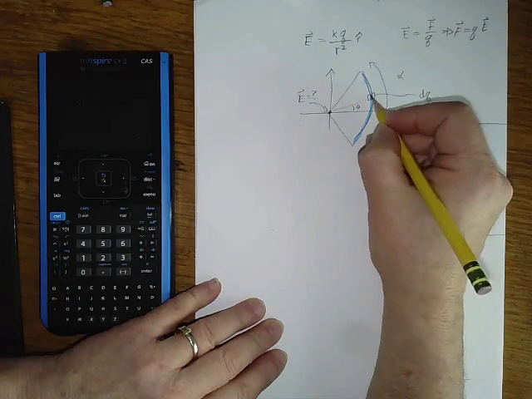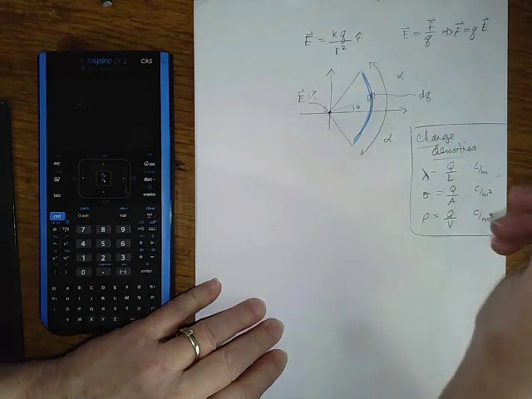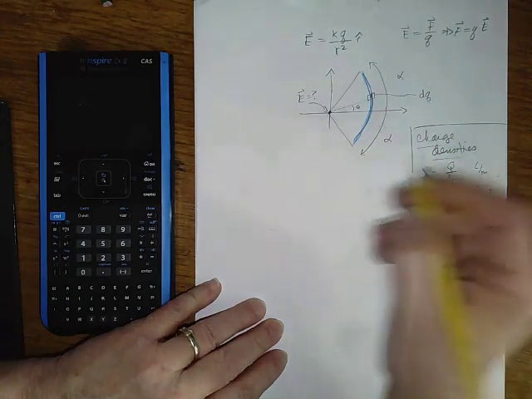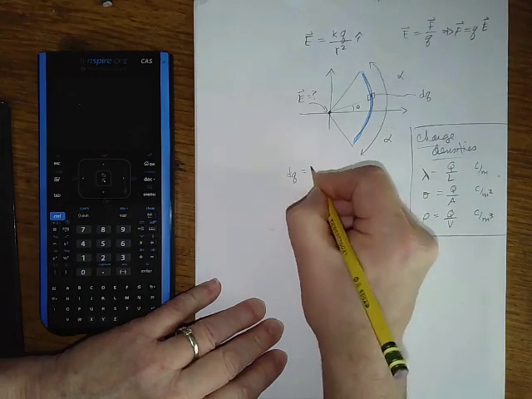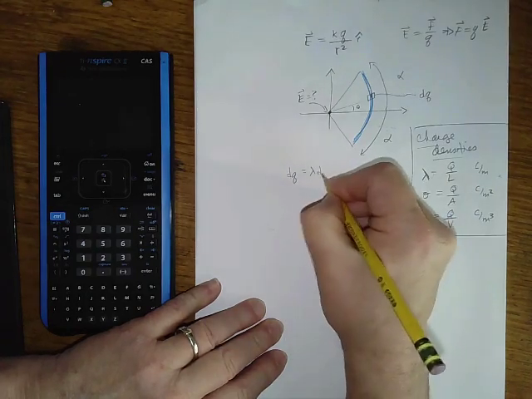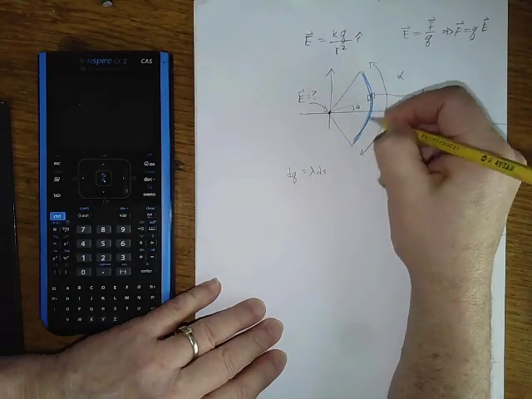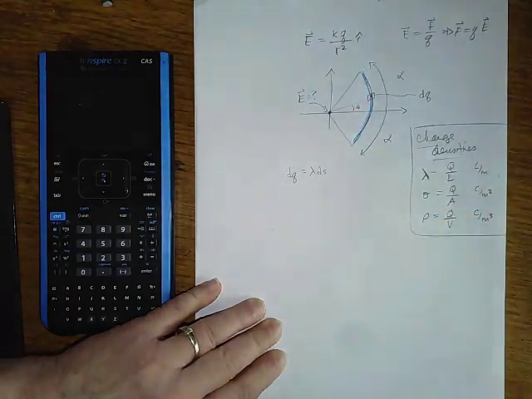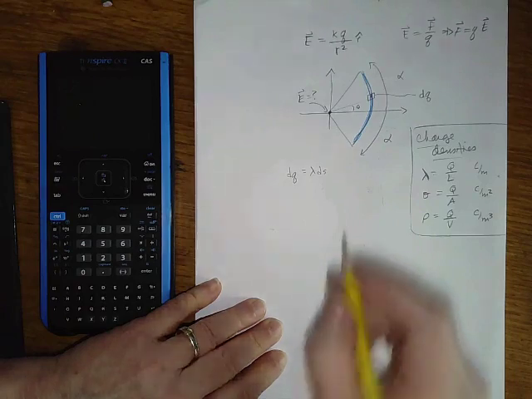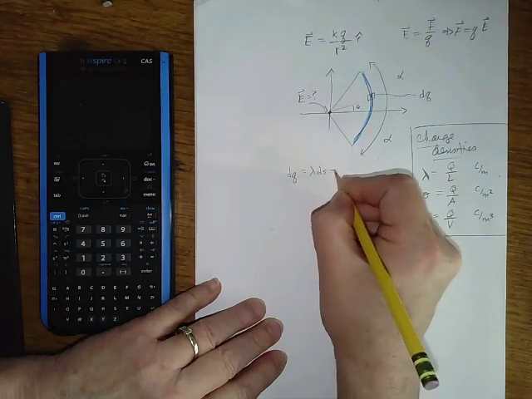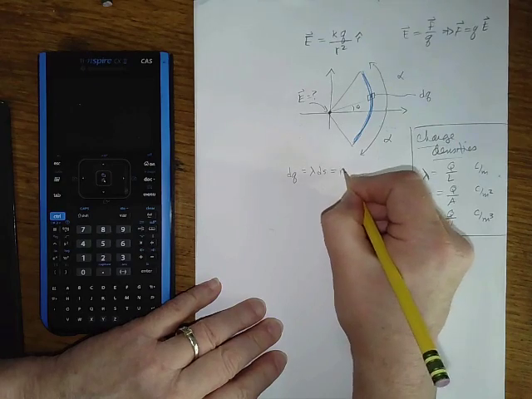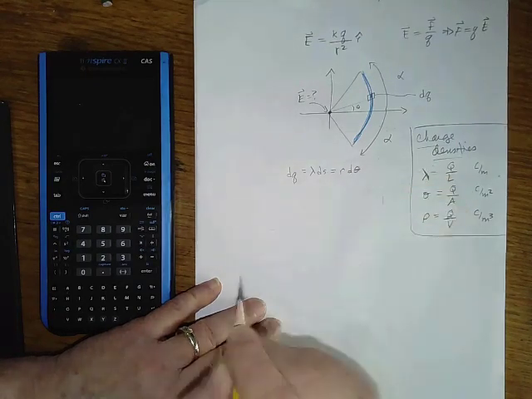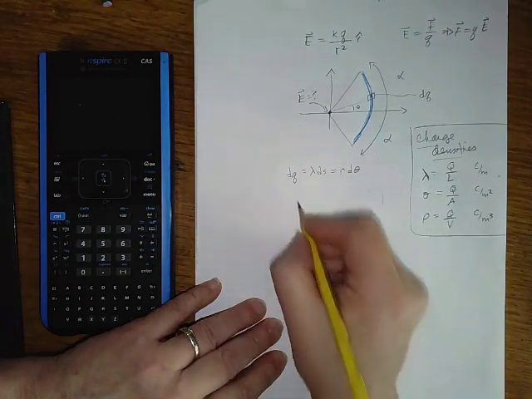And so our little bit of charge here is going to be our dq, like I said, and it's going to be lambda times ds, if we're taking s as the arc length here. And then ds, remember going back to trig or even stuff we talked about last semester, is r d theta.